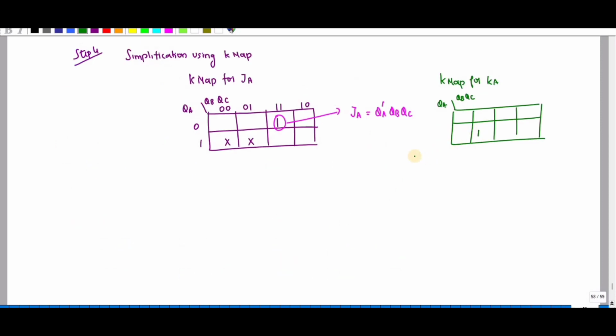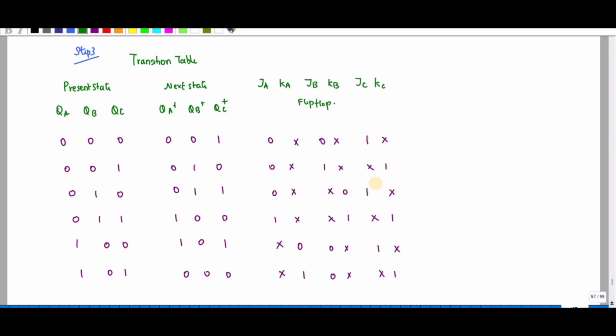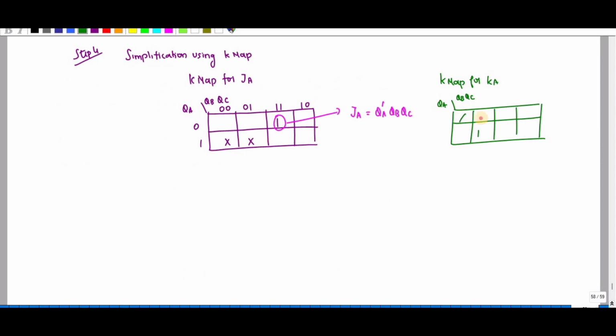So 1 0 1 is here, and for 0 to 3 it is x. Okay, so 0 to 3 it is x. So I can group this one. So if I group this one, I find the value of KA is equal to QB bar QC.